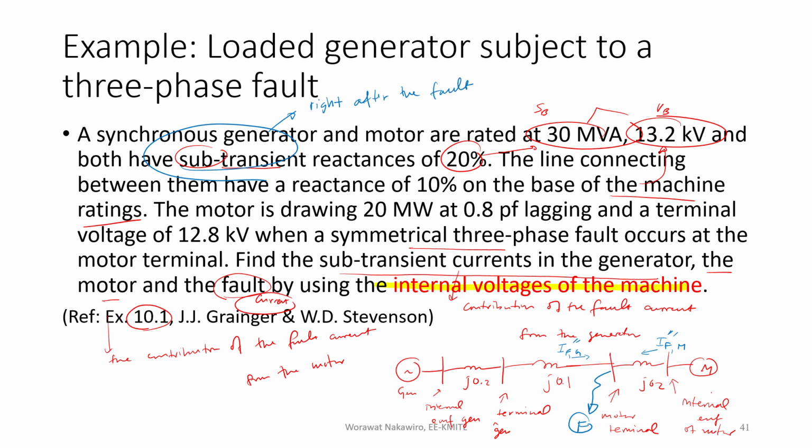When it is right after the fault, we have discussed already that the machine itself, if you model the generator, I'm sorry, it's not energy storage, but you model this as inductance, right?